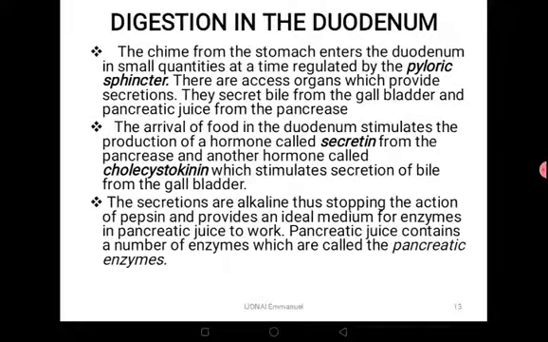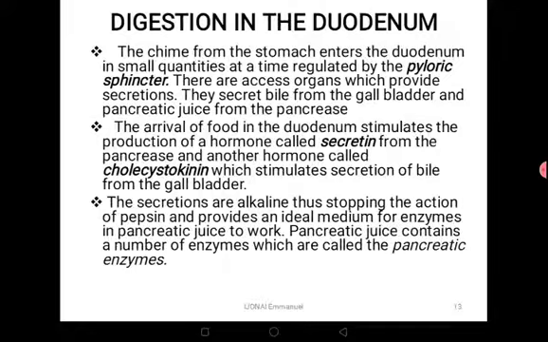It moves from the stomach to the duodenum via the pyloric sphincter I told you about, which regulates entry of that food slowly and in bits into the duodenum, because the stomach is bigger than the duodenum. So if this food just pours from the stomach to the duodenum, it will be jammed with the chyme.